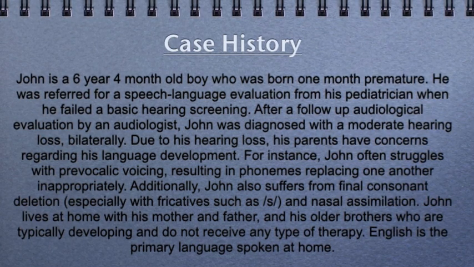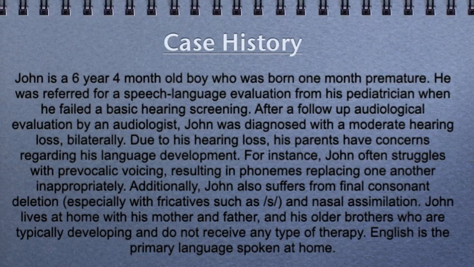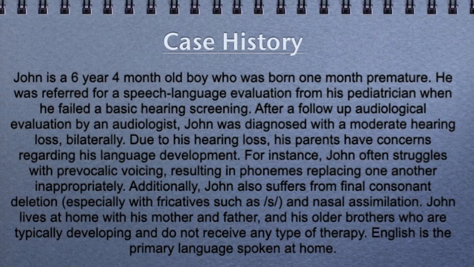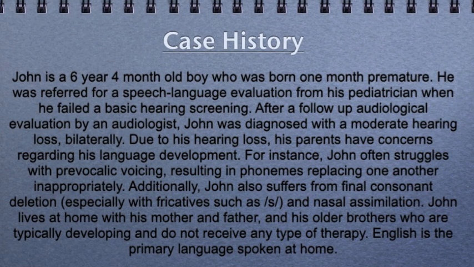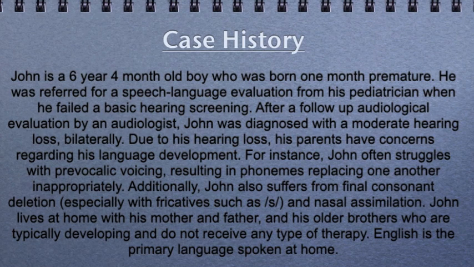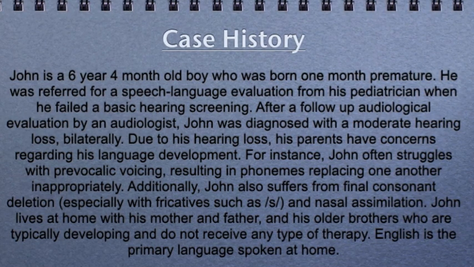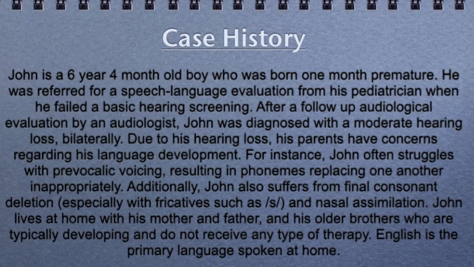For instance, John often struggles with prevocalic voicing, resulting in phonemes replacing one another inappropriately. Additionally, John also suffers from final consonant deletion and nasal assimilation. John lives at home with his mother and father and his older brothers, who are typically developing and do not receive any type of therapy. English is the primary language spoken at home.